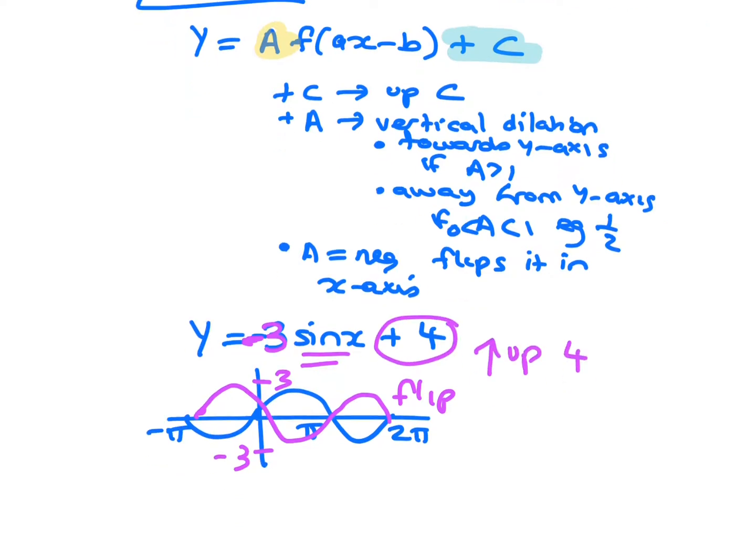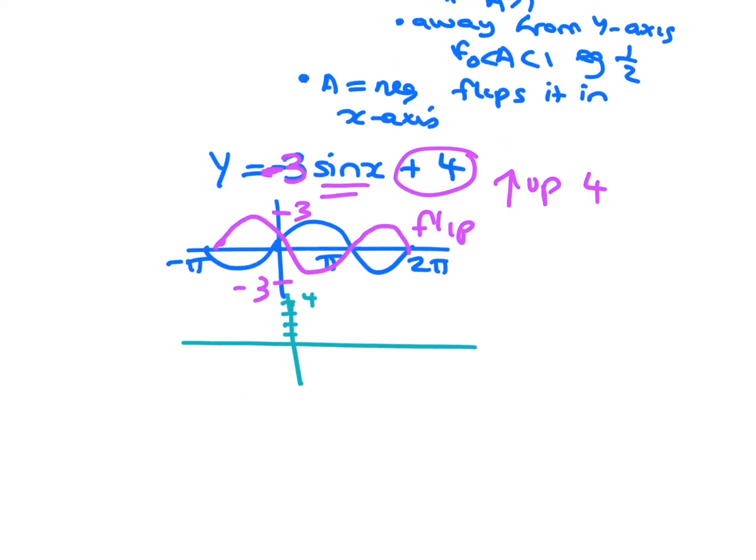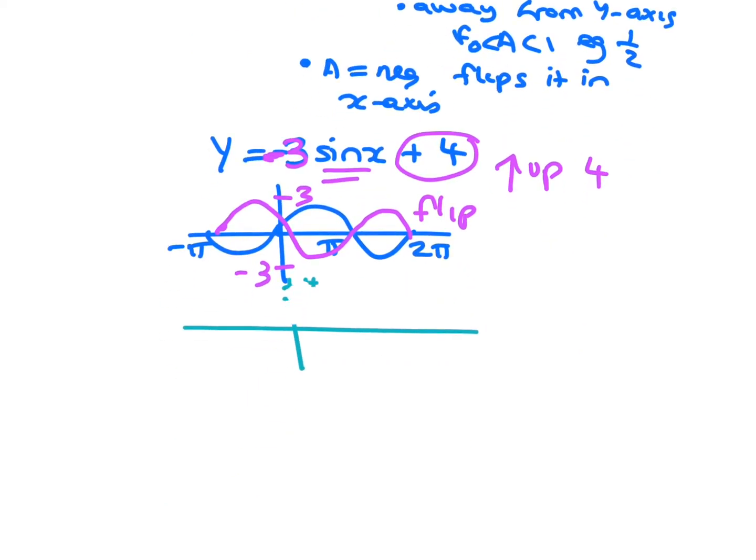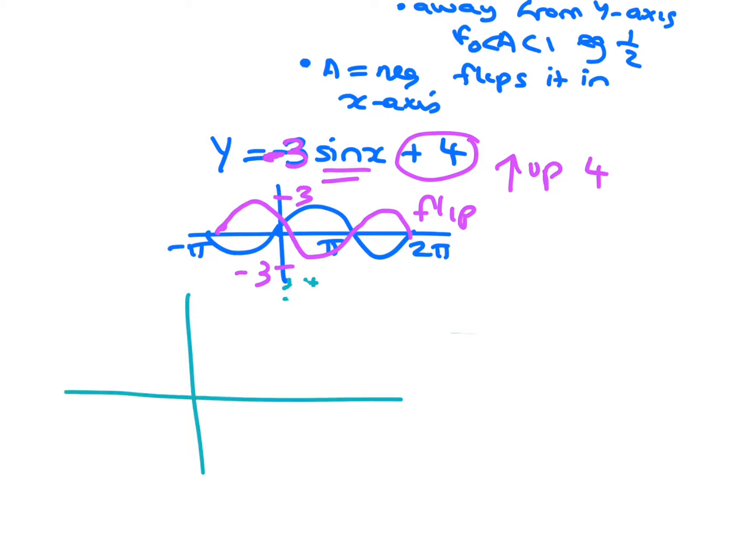So we've basically got exactly the same graph, except it goes up to 4. I'm not going to fit that in there. I can see that already, so I'm just going to redo that one. There you go, 0. Okay, 1, 2, 3, 4, 5, 6, 7. 1, 2, 3, 4.